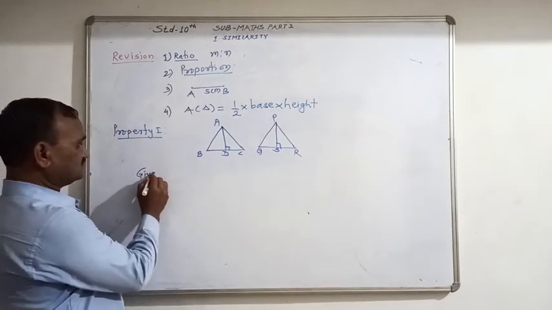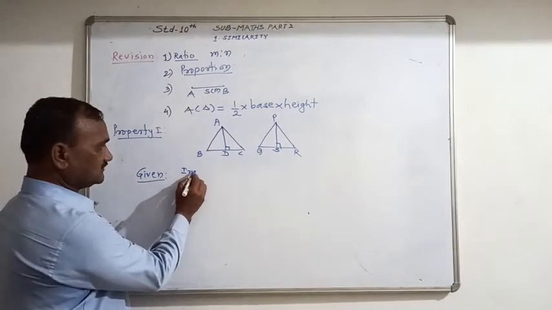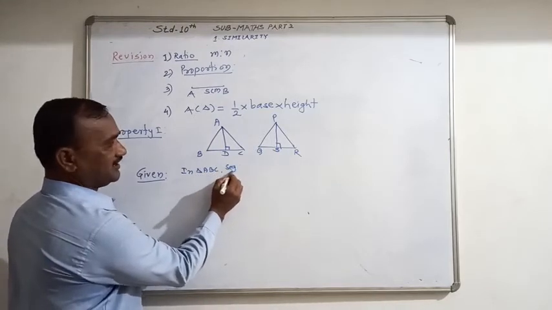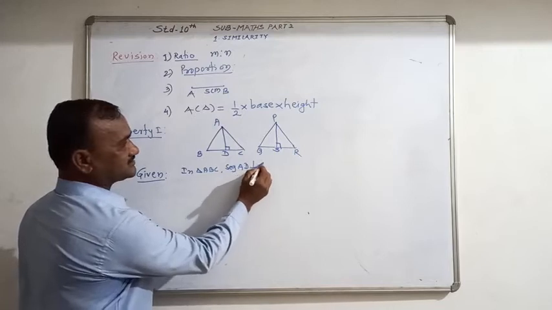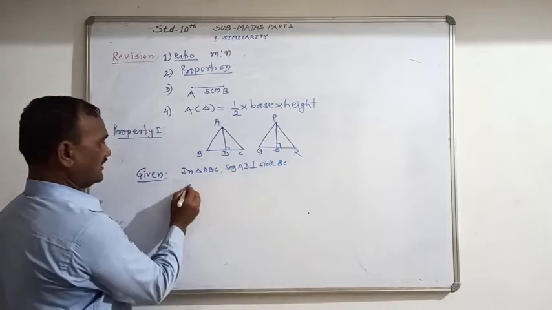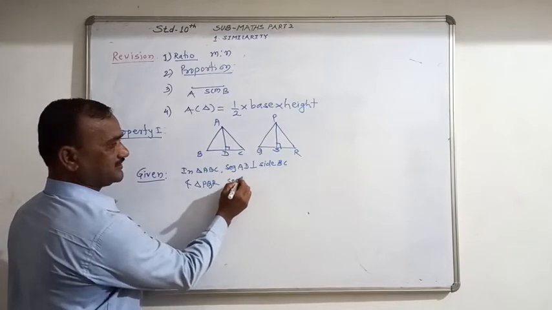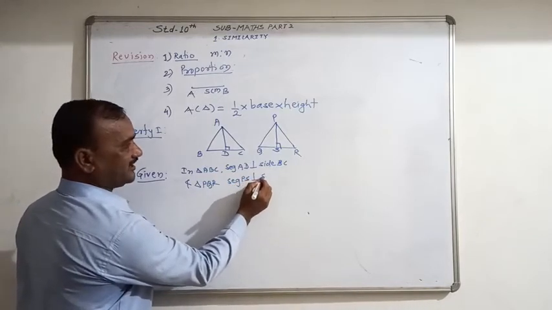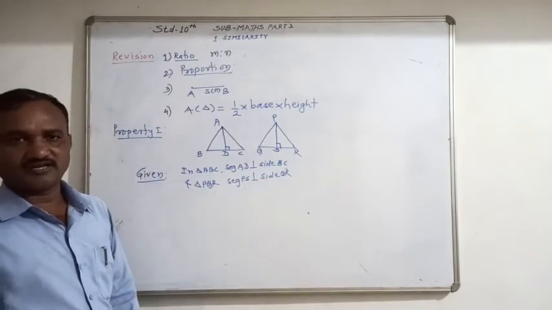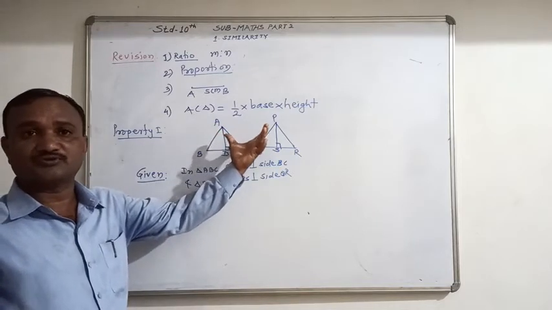So given: in triangle ABC, segment AD perpendicular to side BC, and in triangle PQR, segment PS perpendicular to side QR. That is given. We have to prove the ratio of areas of these two triangles. Ratio means, you know, division.